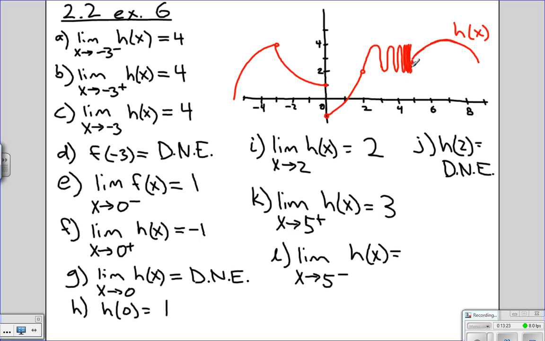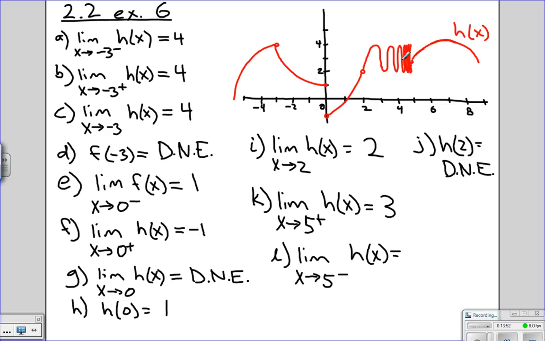Okay? So whenever a function wobbles crazier and crazier the closer it gets to a certain x value, you don't really have to understand how to visualize that so much as just know that it's an example where the limit doesn't exist. Because if the limit exists, then eventually when you get close enough to x equals 5, the y value should have pretty much decided where it's going to go.